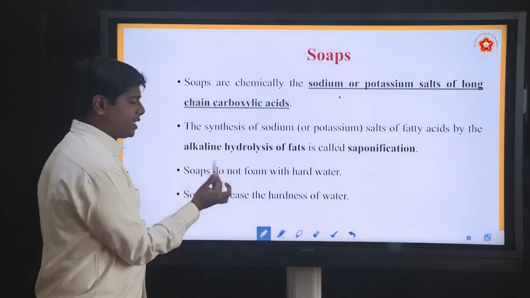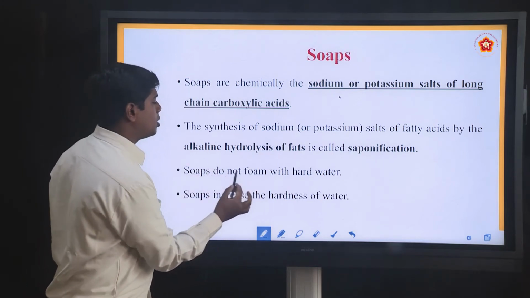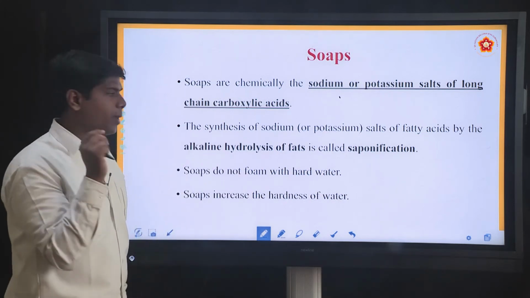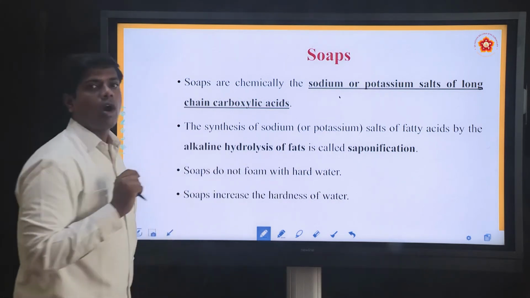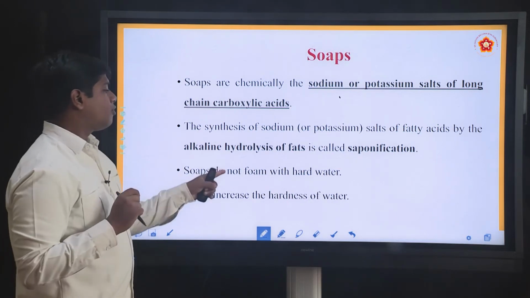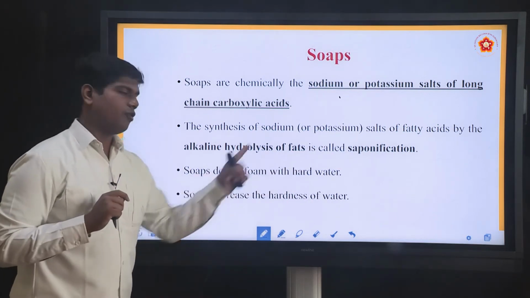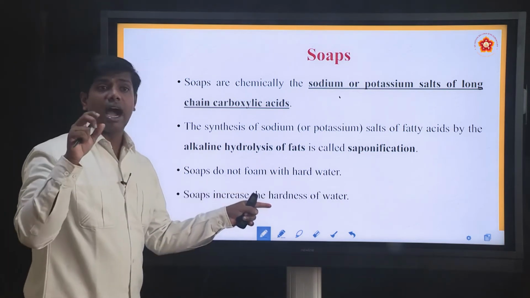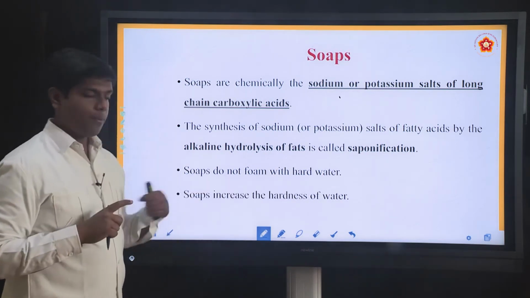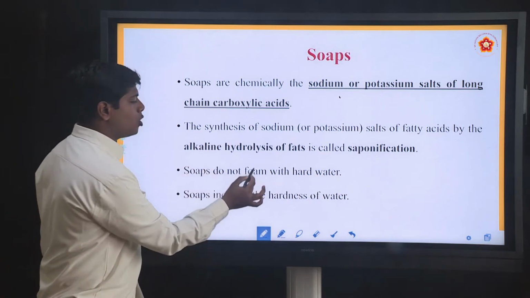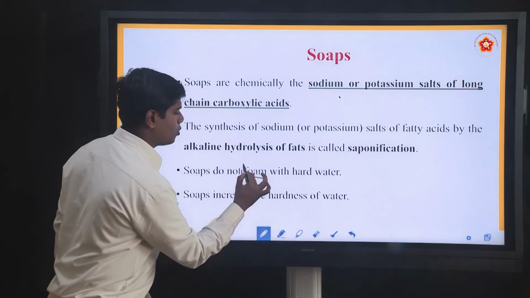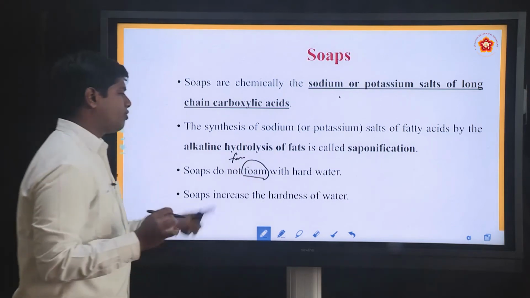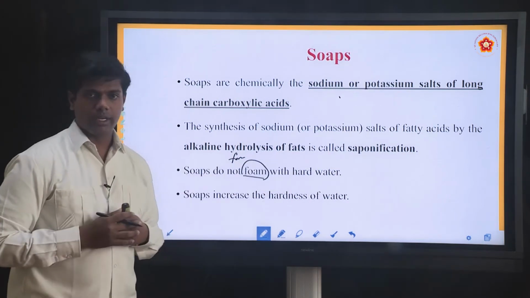Soaps, what are the properties? Soaps do not form foam with hard water. Next, soap increases the hardness of water. Very important point. Soaps do not form foam with hard water.